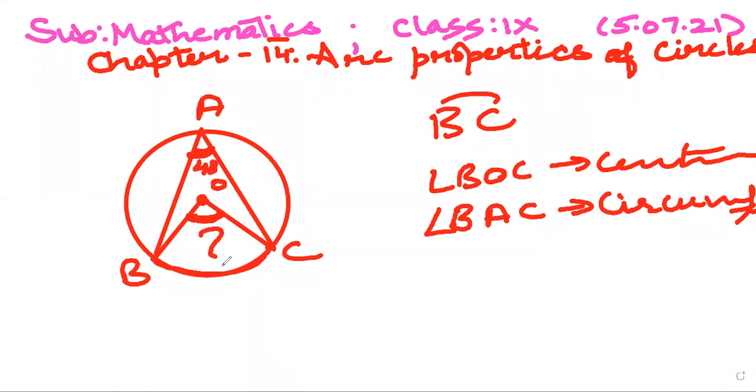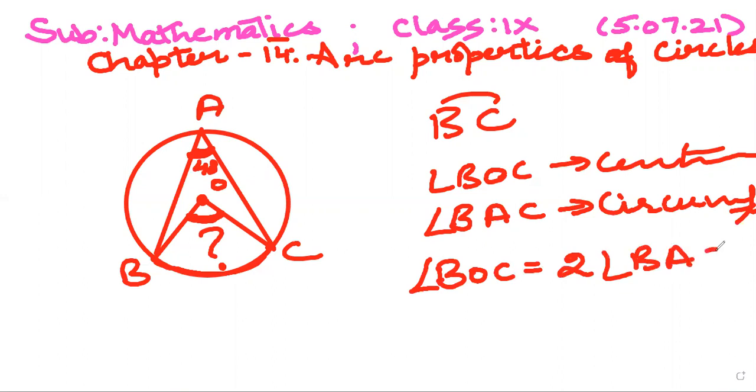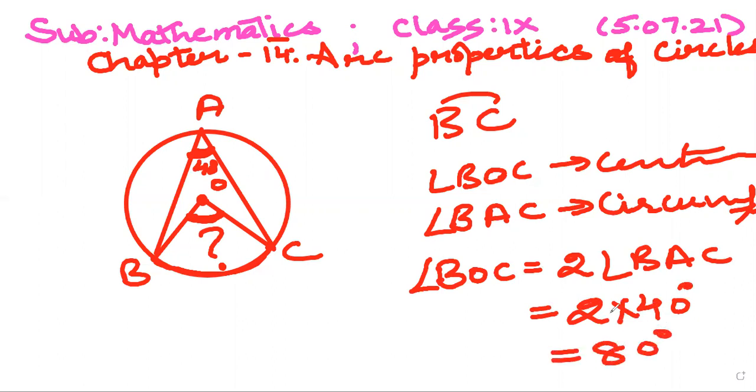Can you tell me what will be the angle subtended by the arc at the center? Yes, you are right. It is 80 degree. But how is it possible? Because I told you angle BOC is double the angle at the circumference. Angle BAC is given as 40 degree, so it will be 80 degrees. So the angle subtended at the center by arc BC is 80 degree. Is it clear, children? I guess this is very easy.